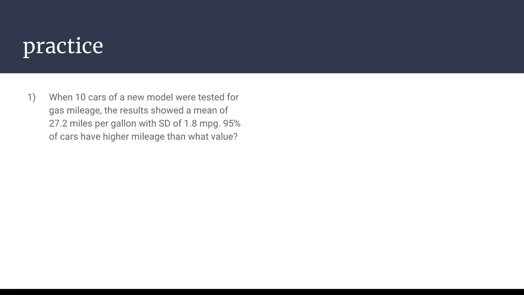So, what is the first criteria for t-distributions, knowing that we can use a t-distribution to model this data? SRS. What's the second one? Either it's a normal distribution or n is greater than 30. So, is n greater than 30? No. But the population is normal, because that's part of the question.